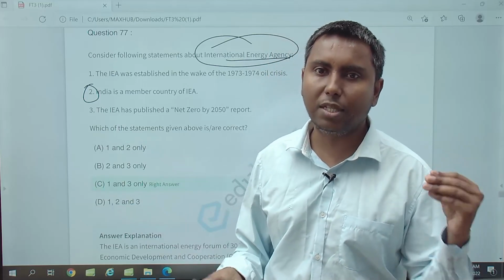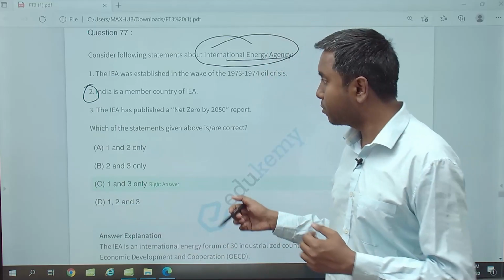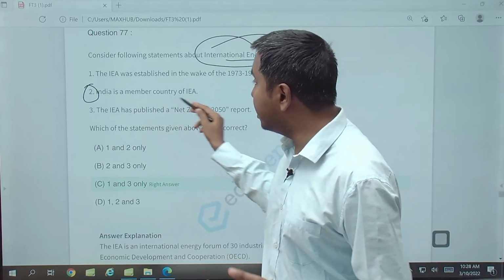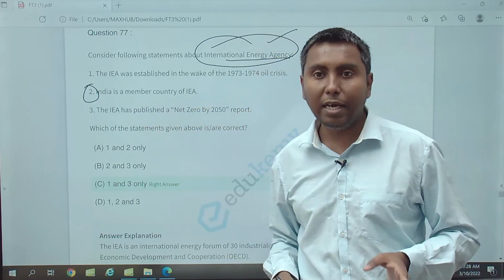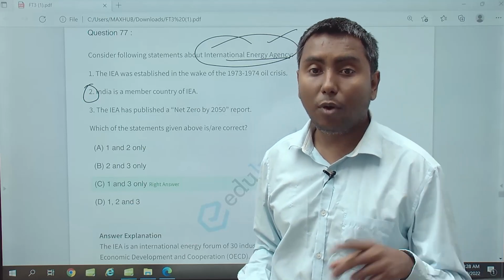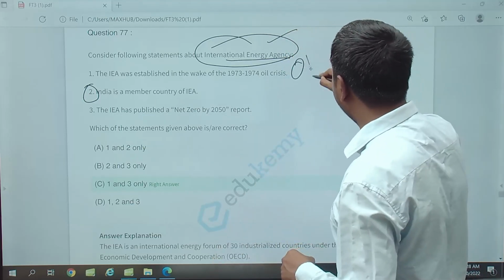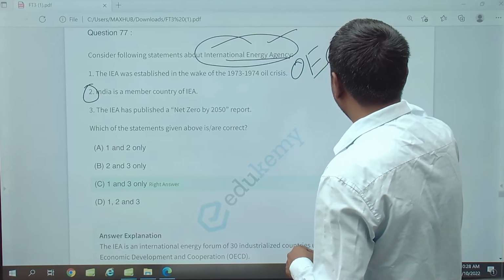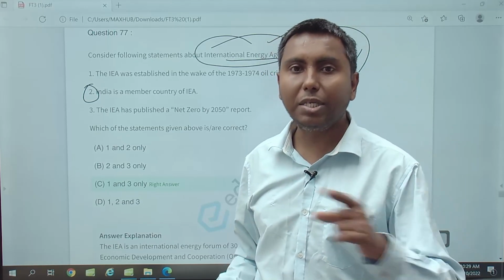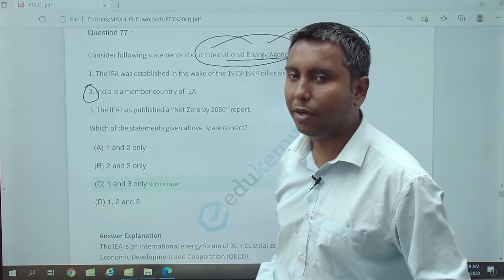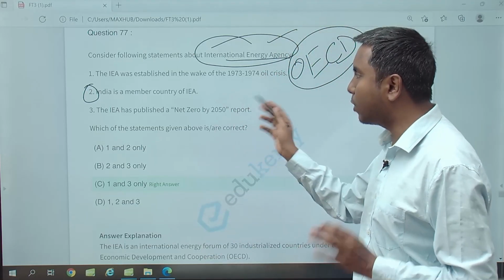This is the most basic thing expected by UPSC. Is India a member country of IEA? No, India is not a member country of IEA because only OECD countries can be members of IEA. India is an associate, but India is not a permanent member.